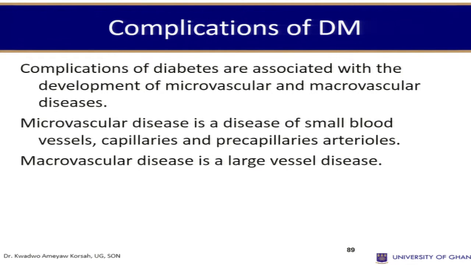And then complications, we have the micro and the macro. The microvascular disease is affecting small blood vessels, capillaries, and then precapillaries, arterioles. And the macrovascular usually affects the large vessels.